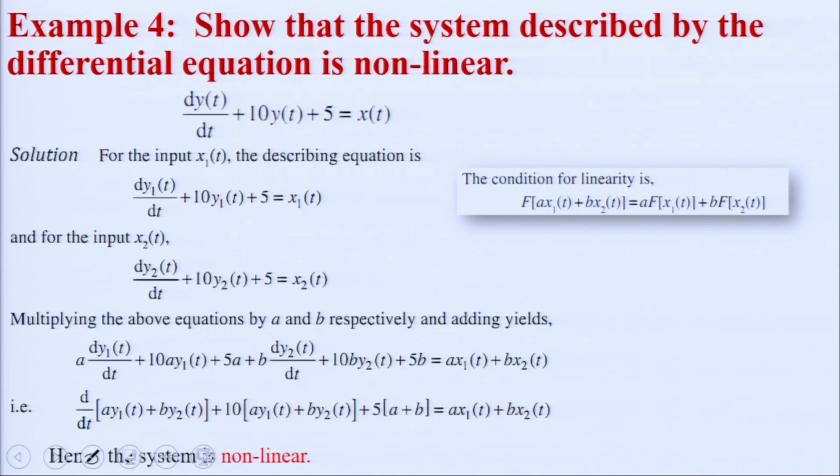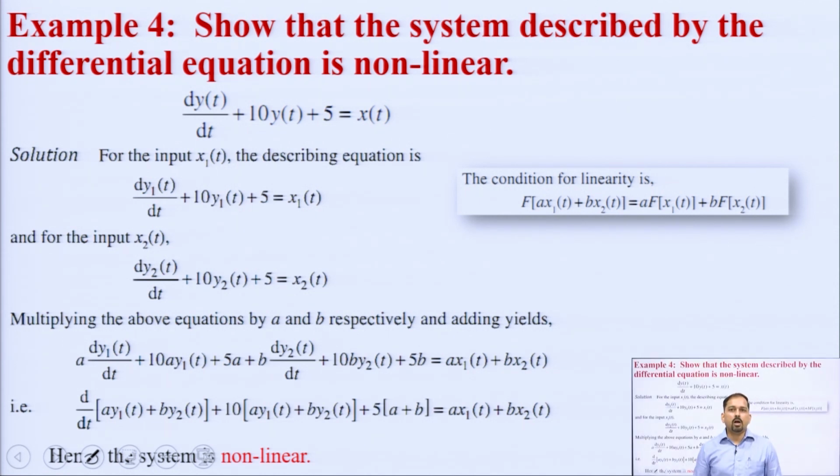Now this is a bit different type of case. We have a differential equation, meaning we have the derivative of y(t) plus 10 times y(t) plus 5 equals x(t). This type of problem is a bit different. So how can we initiate, how can we check? We are first aware of the condition that this condition has to be satisfied for linearity.